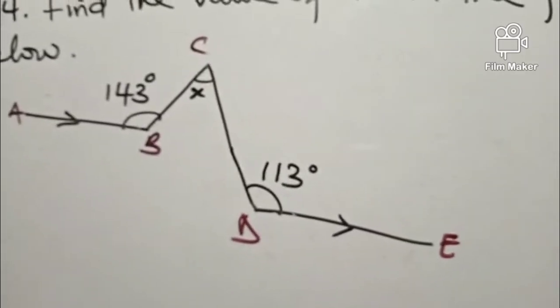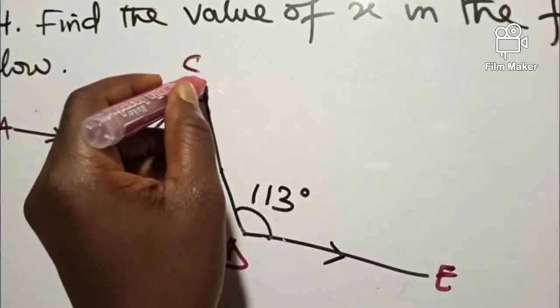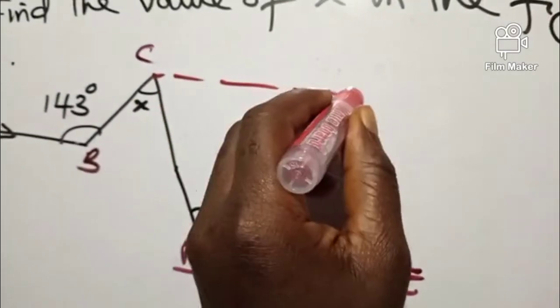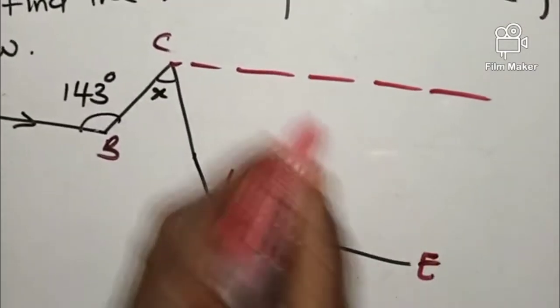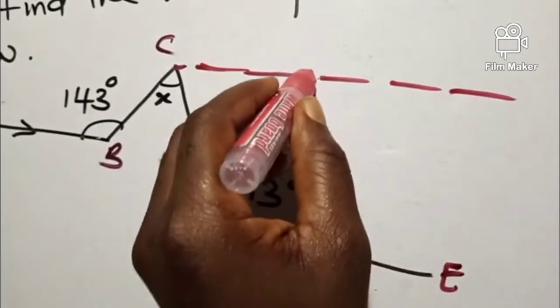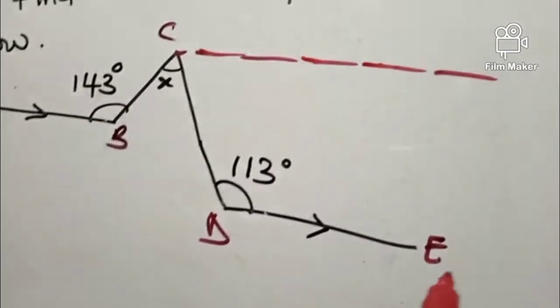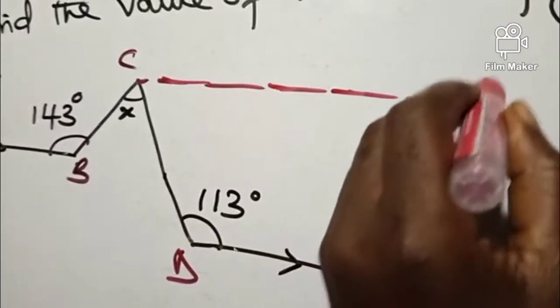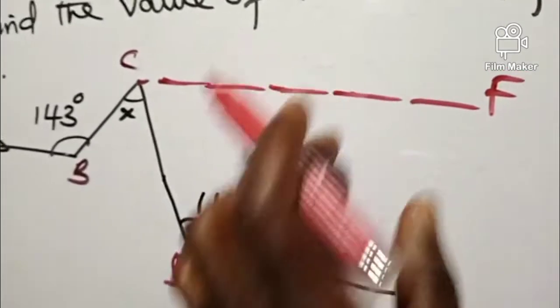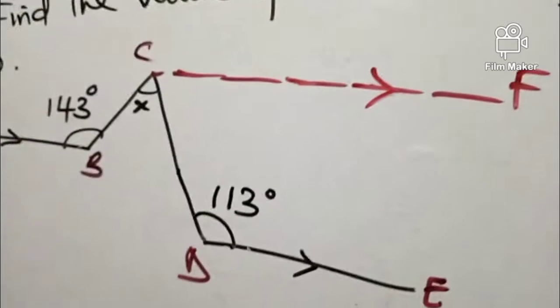Or how do we solve this figure? You draw a line from here that will be parallel to this. Let me call this line CF. This new line is parallel to this one.